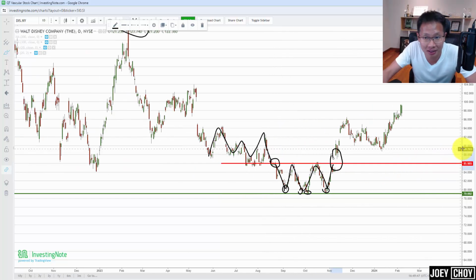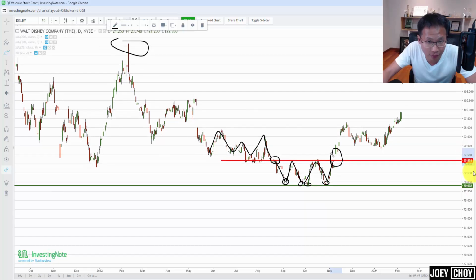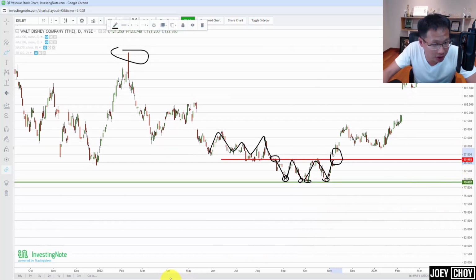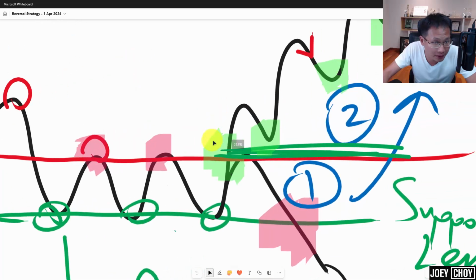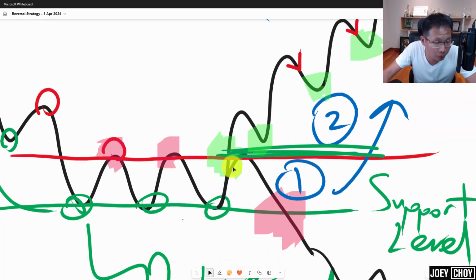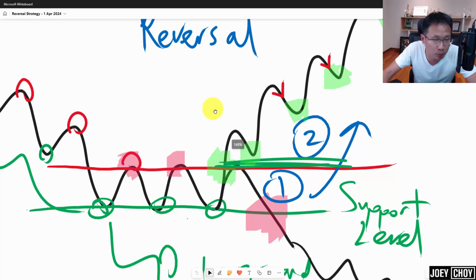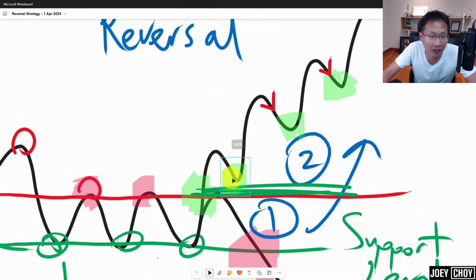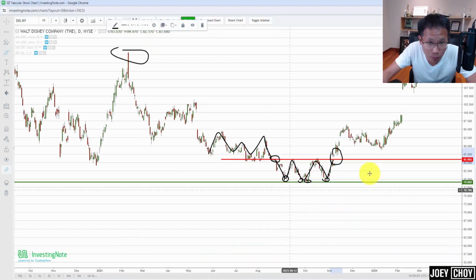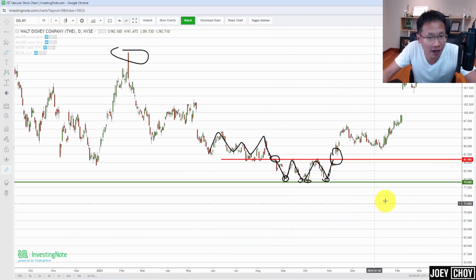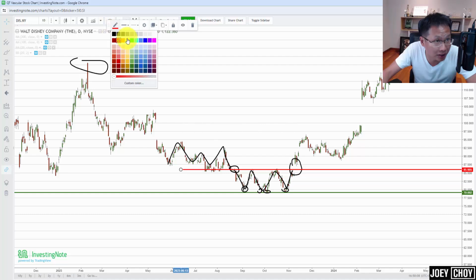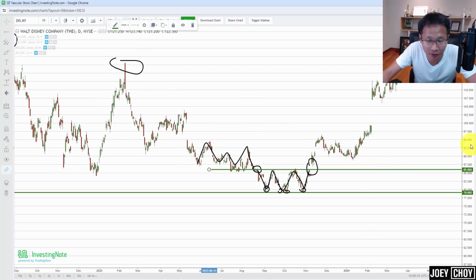That is a sign of strength. That is a sign of a potential reversal, just like what I've shown you over here, whereby we were consolidating and we break above the resistance. There could be more upside, as long as we hold above this new support level. So same thing, as long as we hold above that $85 support here, let me just turn this to green in color, it could be the start of more upside.